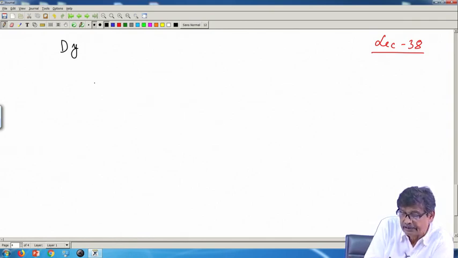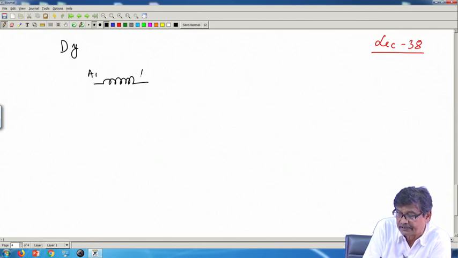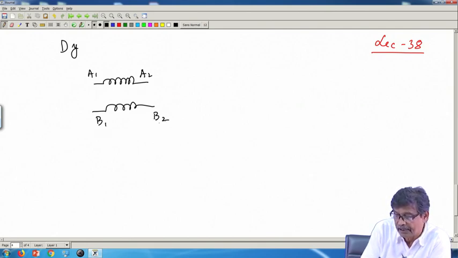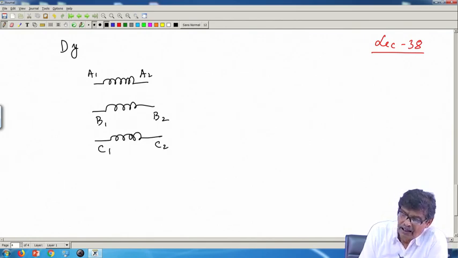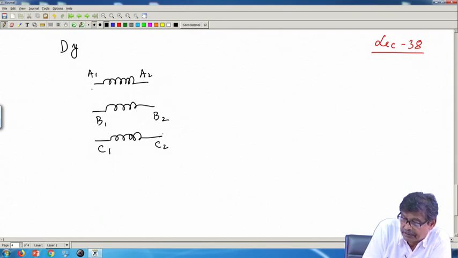Suppose two valid delta connections are there. So, A1, A2, this is the primary, B1, B2, and this is C1, C2, and one of the valid connections goes this way. That is first, let me try.